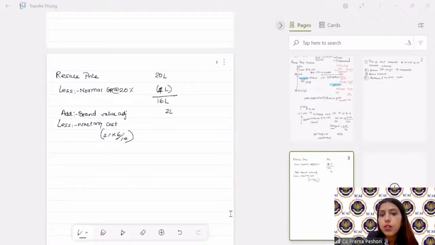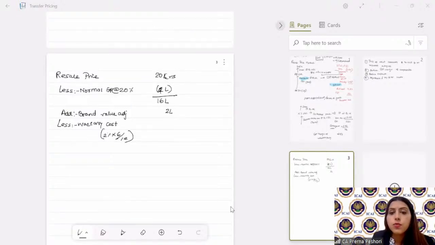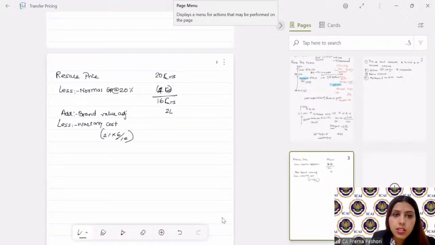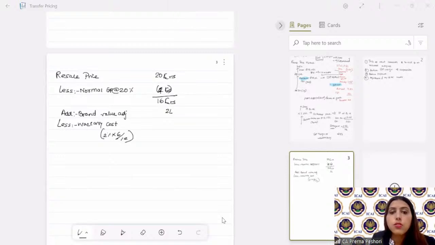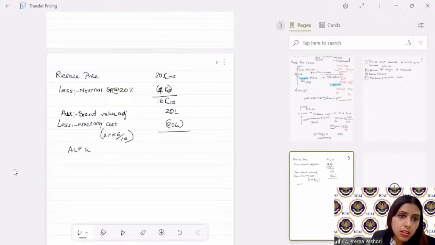Sorry, this is 20 crores. This is also 4 crores, and this is 16 crores. And the brand value adjustment is of 20 lakhs, and plus this will also be 20 lakhs. So ultimately your arm's length price will be 16 crores.